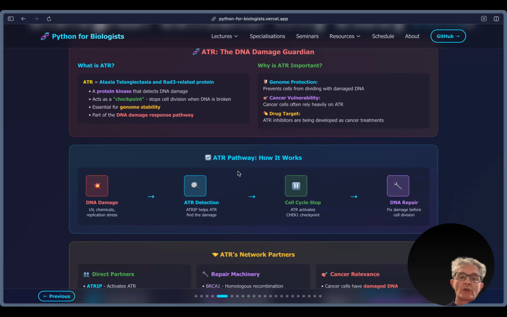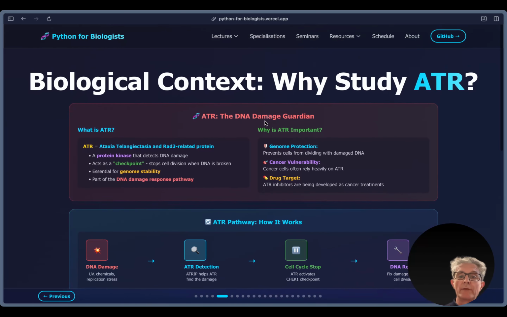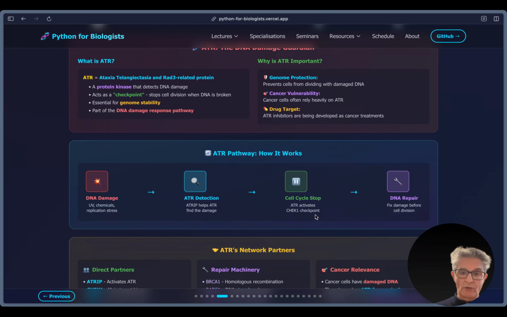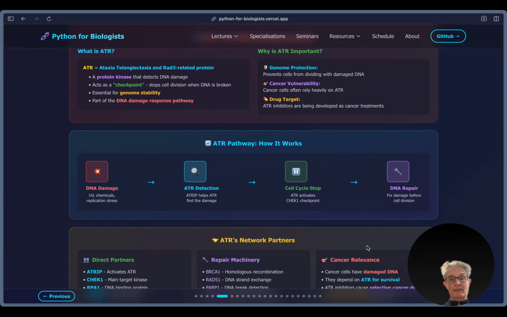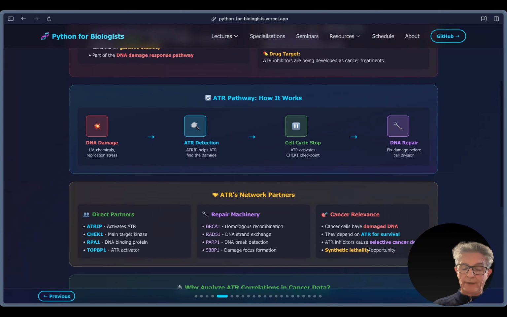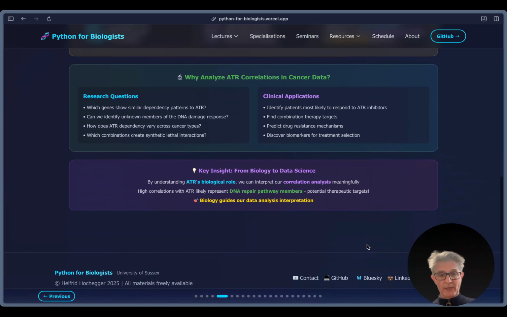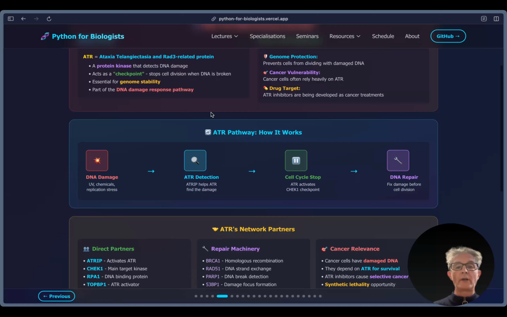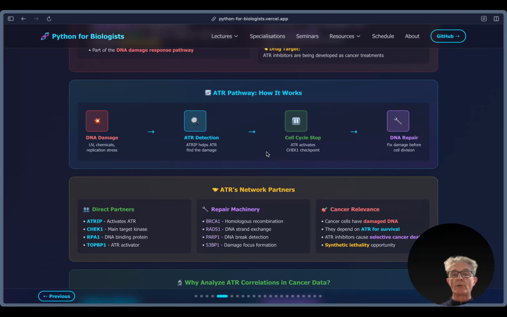So it's a critical gene. Cancer cells have a lot of DNA damage, so they're often very dependent on ATR, so it's an interesting drug target as well. And it's a highly essential gene, so it's quite an interesting gene to study. Also it's highly relevant in the Genome Center because it was first described in fission yeast by Tony Carr in the center.